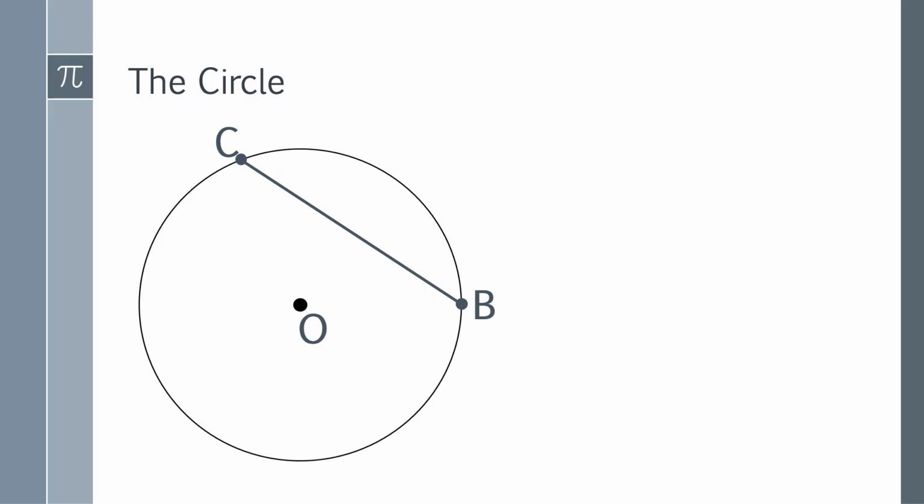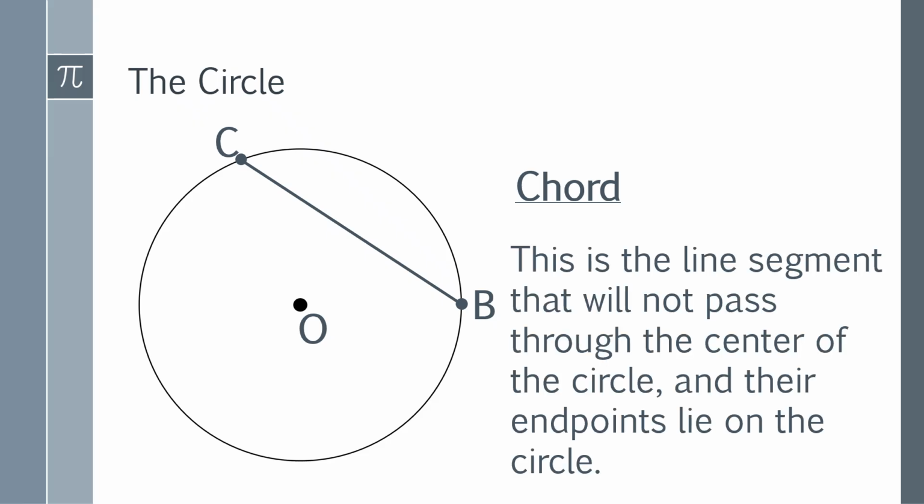What is the difference between the diameter and this one? If you observe this illustration, CB is now known as the chord. When you say chord, this is a line segment that does not pass through the center of the circle and its endpoints lie on the circle.